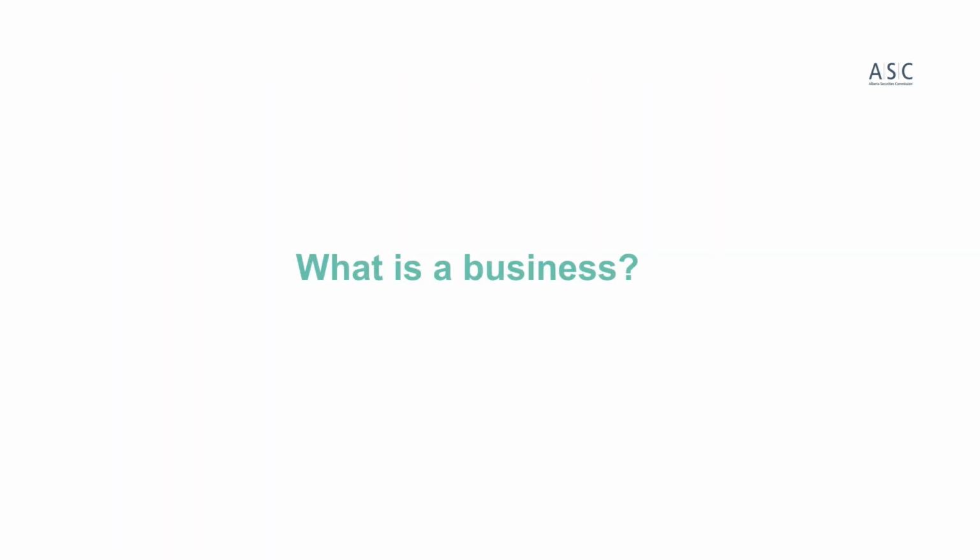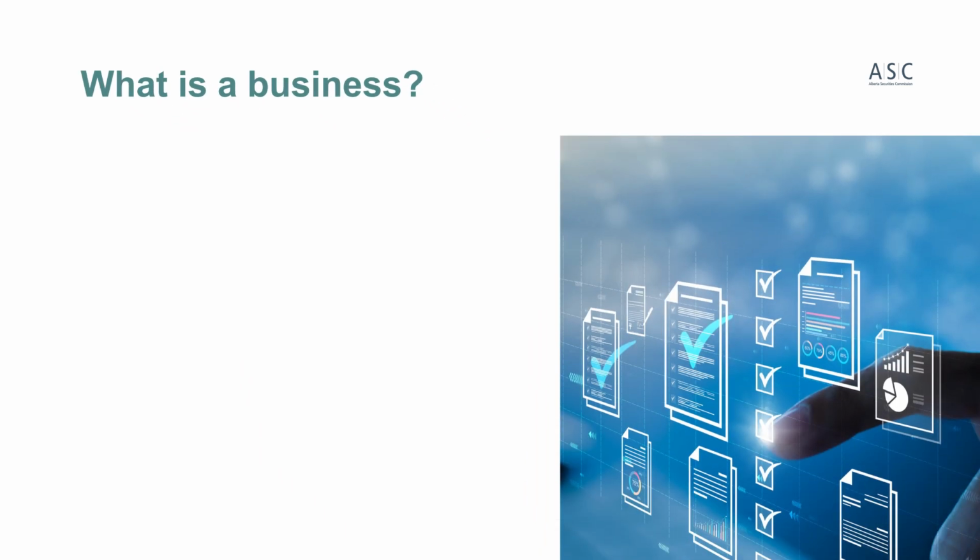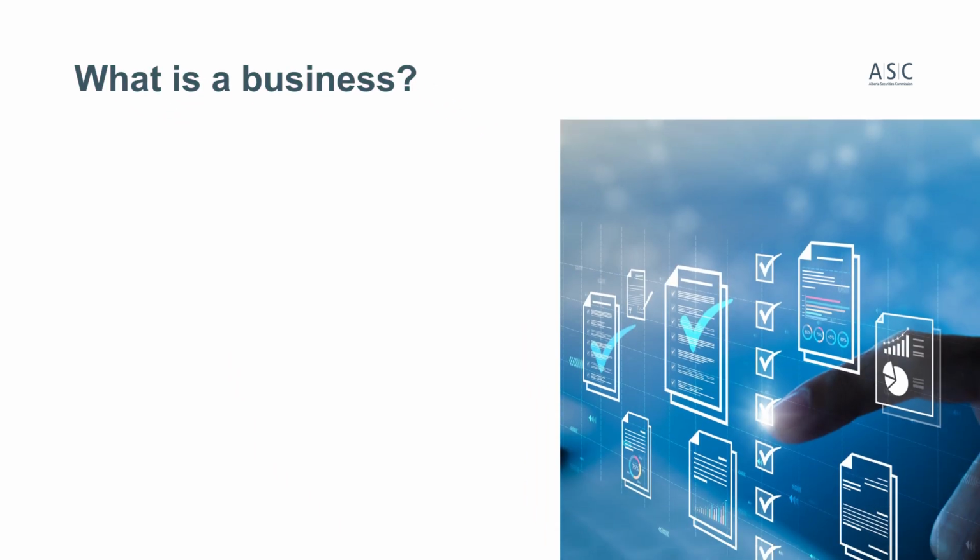The first step in determining whether a BAR filing is required is determining whether the acquisition was that of a business or of assets. A BAR filing is only required in circumstances where a business is acquired, not for asset acquisitions. It's important that when making this assessment, you consider the specific facts and circumstances involved in the transaction.